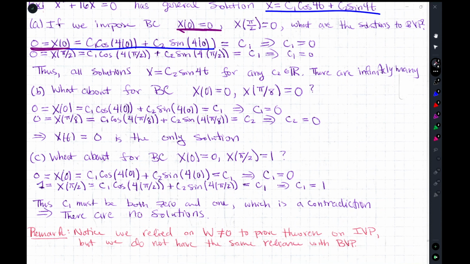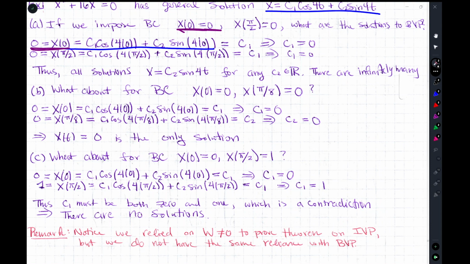There, we found that as long as a_n does not equal 0 and the a's are continuous, then we're guaranteed a unique solution to the IVP, where you specify the first n-1 derivatives and the function at the initial point.